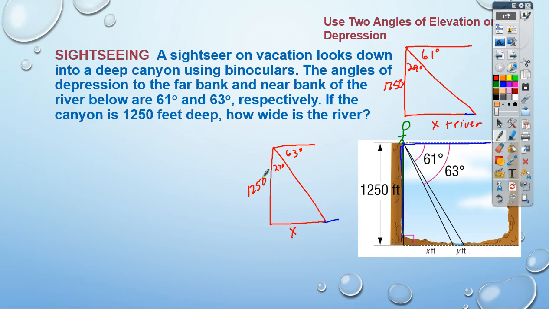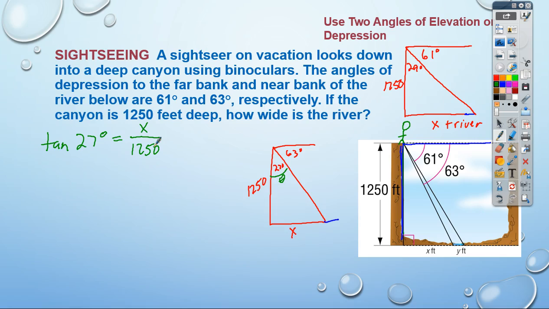So you pick which problem you want to do first. Let's do X first. I want to find X. Makes life easier. So here's my angle theta. I'm looking for a side that is opposite it, and I have an adjacent. I do not have the hypotenuse. So I have tangent of 27 degrees is equal to opposite X over adjacent 1250.